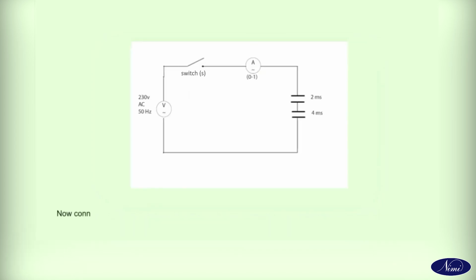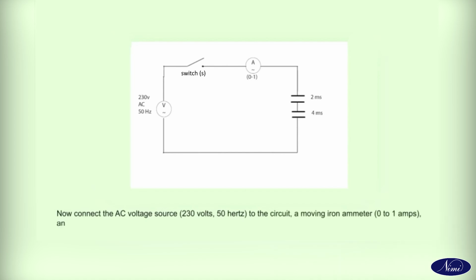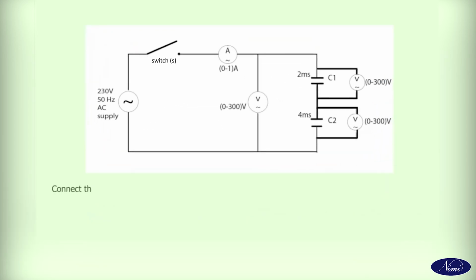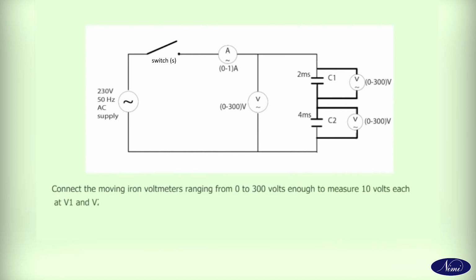Now connect the AC voltage source, 230 volts 50 Hz, to the circuit, a moving iron ammeter 0 to 1 amp, and an on-off switch S, all in series with the circuit. Take 3 moving iron voltmeters V, V1 and V2, each ranging from 0 to 300 volts.